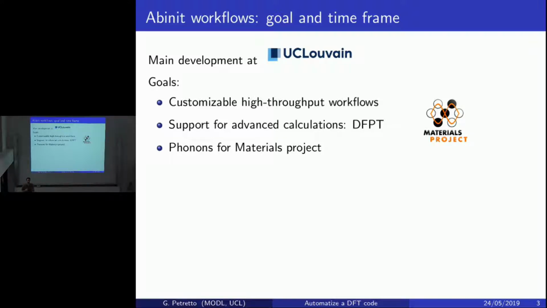And let's say that the main target of our work was to bring Abinit to the high throughput regime, and in particular to add support for advanced kinds of calculations like DFPT that have a lot of subtleties to run. And the final aim of the project was to run phonon calculations that would have been added to the Materials Project.